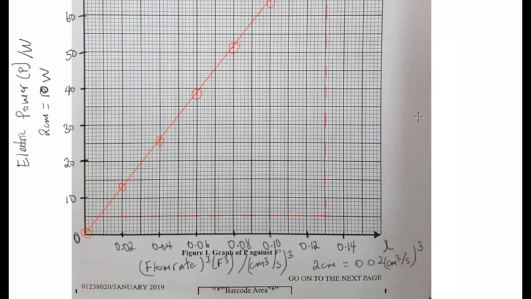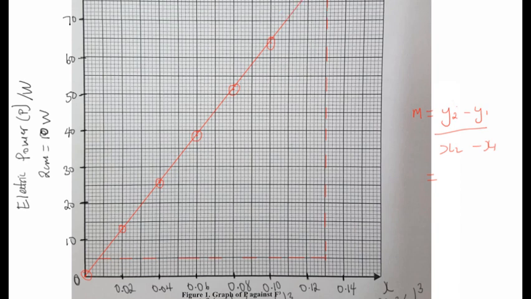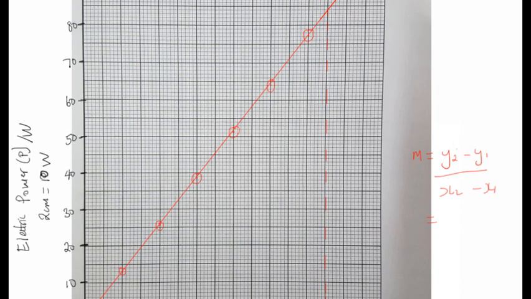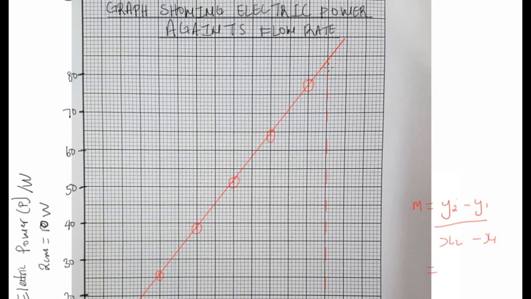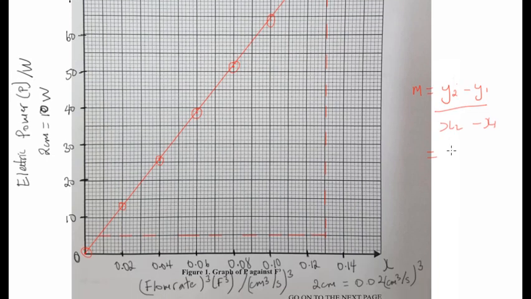So I'm going to need to determine, because remember gradient, let's call that m, is equal to y2 minus y1 over x2 minus x1. Right? So in this case, let's just write down the y2 values. So y2 would be 84 watts. So that's 84 watts minus y1, which would be 5 watts.